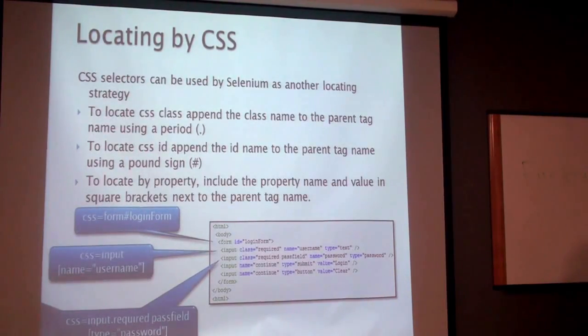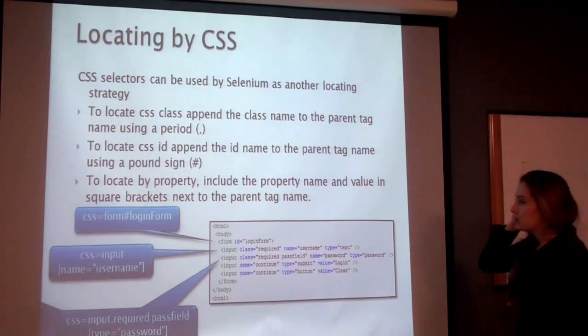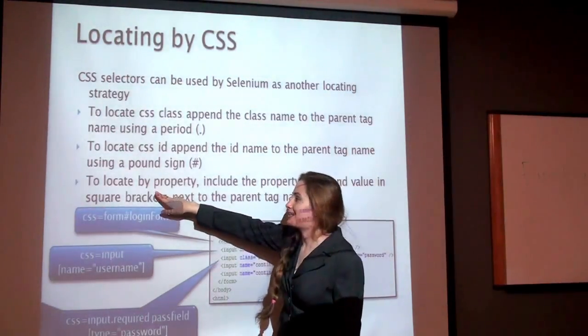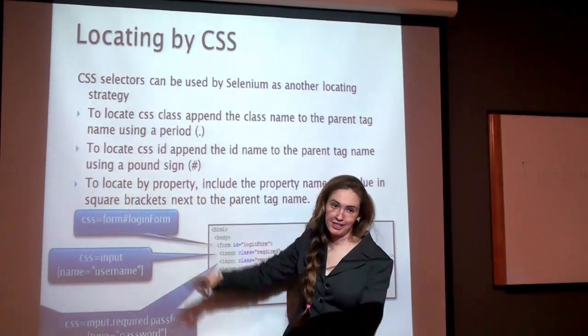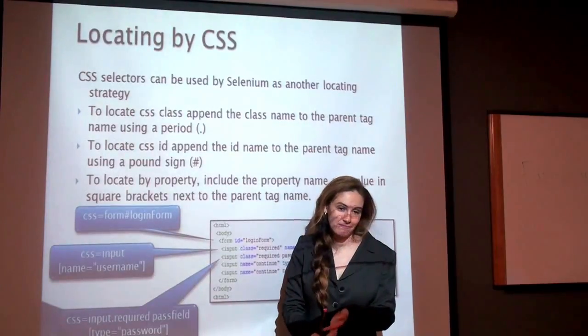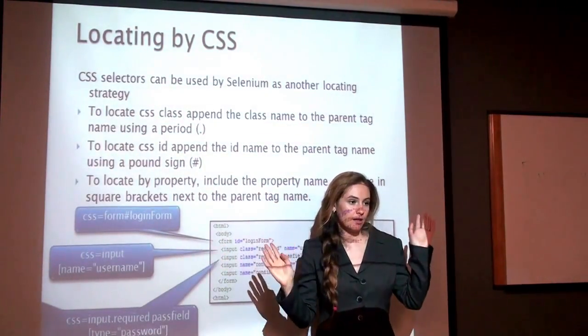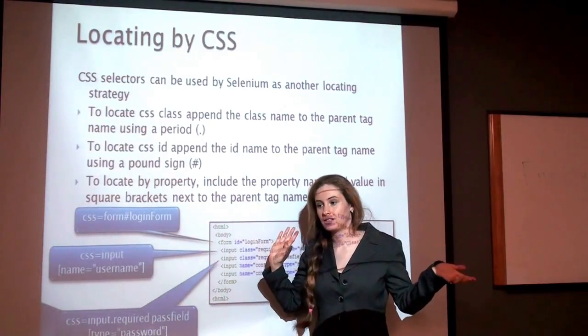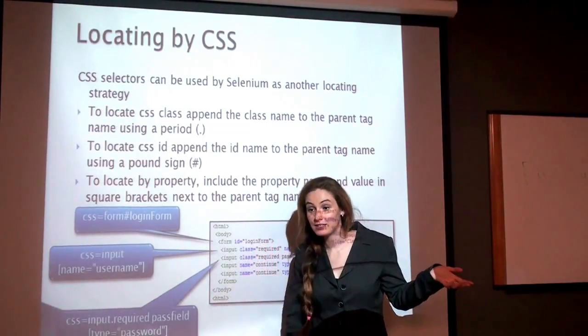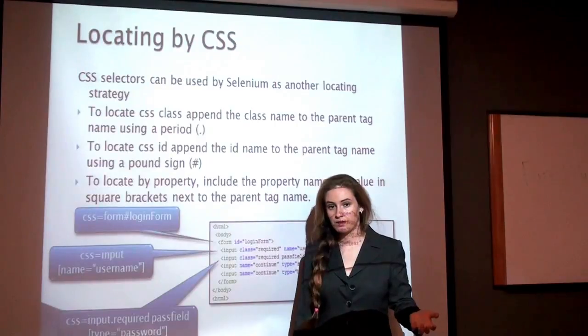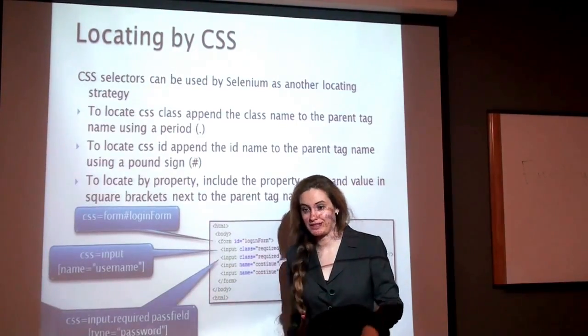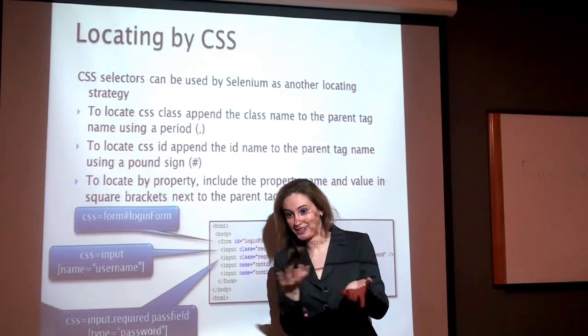All right, last one. To locate by a property other than class or ID, anything: type, size, width, href. Well, you can even say class specifically, but if you already have a shortcut dot, why bother?